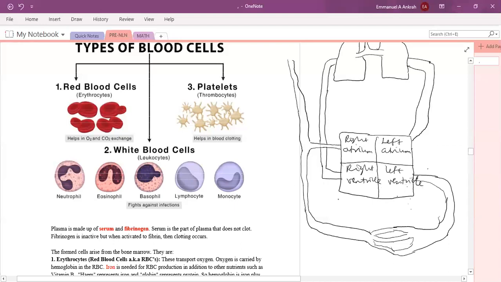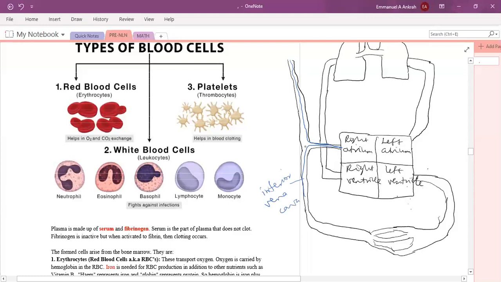So the blood from different parts of the body will come in here. Let me use a blue one. So blood comes in from the head region, then into the right atrium, and from the lower part of the body, all into the right atrium, right? From the lower part of the body, the blood vessel here is known as the inferior vena cava.